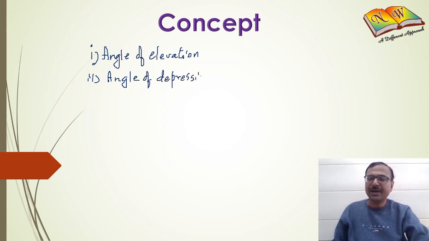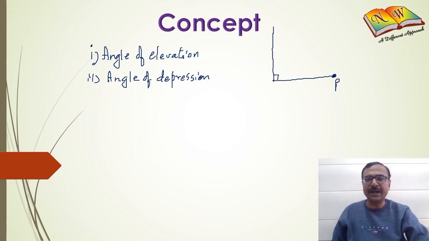Whenever we are standing on the level ground like this, at this point, suppose P, and observing something vertical like a building or a pole or a tower, the top of the tower or the vertical object is A, and we are watching along the line AP. This line AP is called the line of sight. The angle which the line of sight makes with the ground is called the angle of elevation.